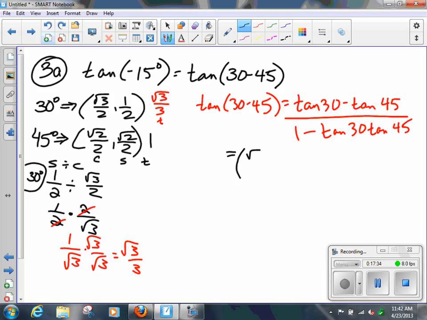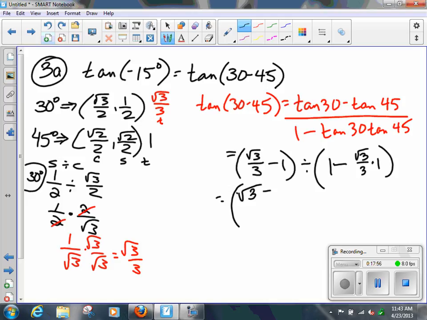I'm going old school. Minus tangent of 45, which is 1, right? Divided by 1 minus tangent of 30, root 3 over 3, times 1. Well, that's easy. Folks, follow order of operations. I'm going to rewrite this because I have to have like denominators. Root 3 minus 3 over 3. Do you understand why I wrote it? I skipped steps.